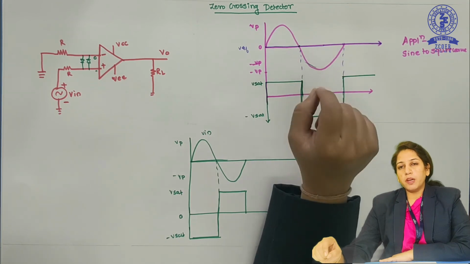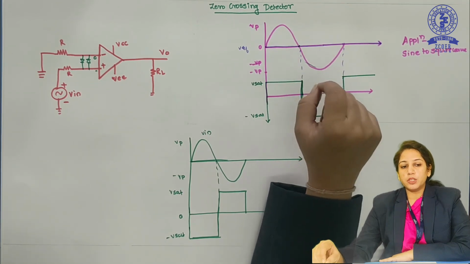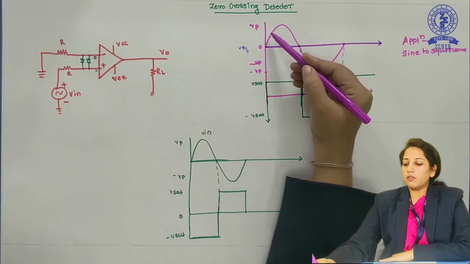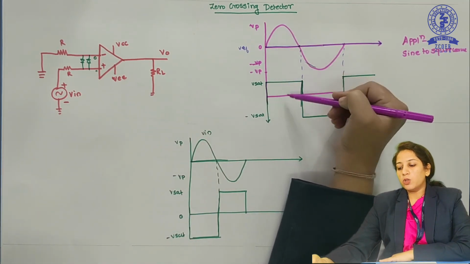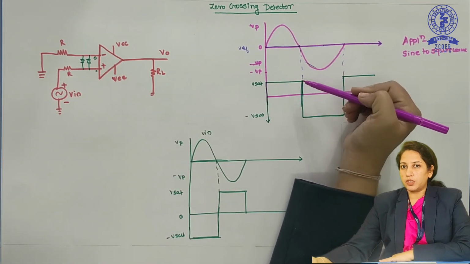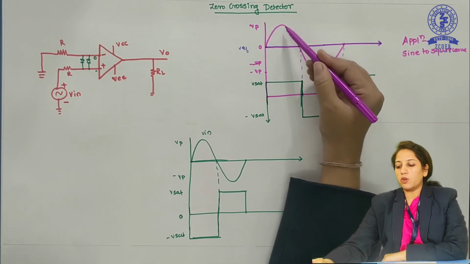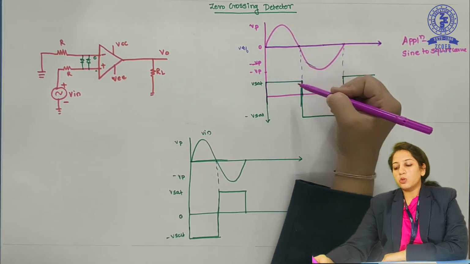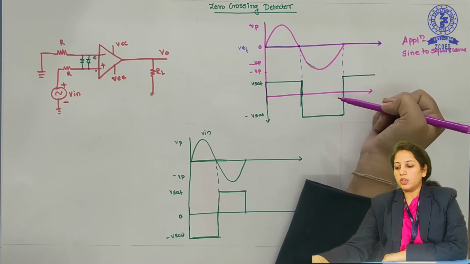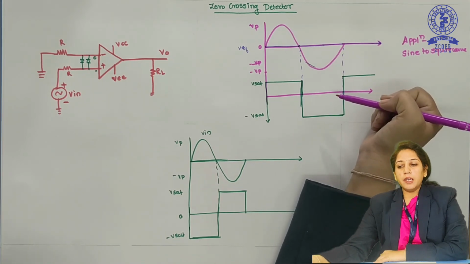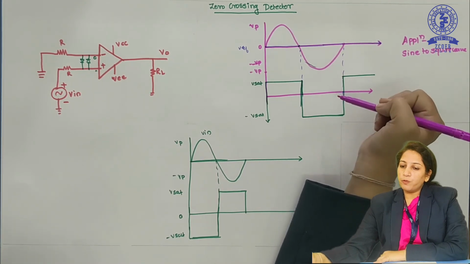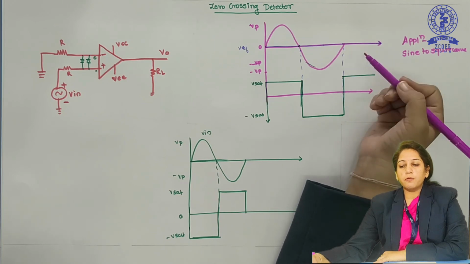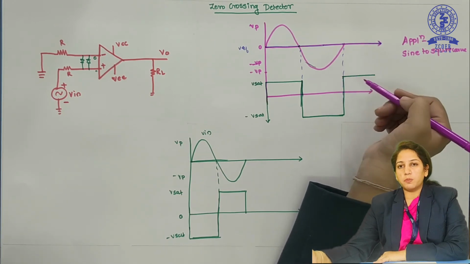Also, if a noise signal is added to the input signal, my output transitions will change. If the noise goes below the zero line, the output will change again. This can be eliminated by giving positive feedback to change faster and eliminate the noise problem.